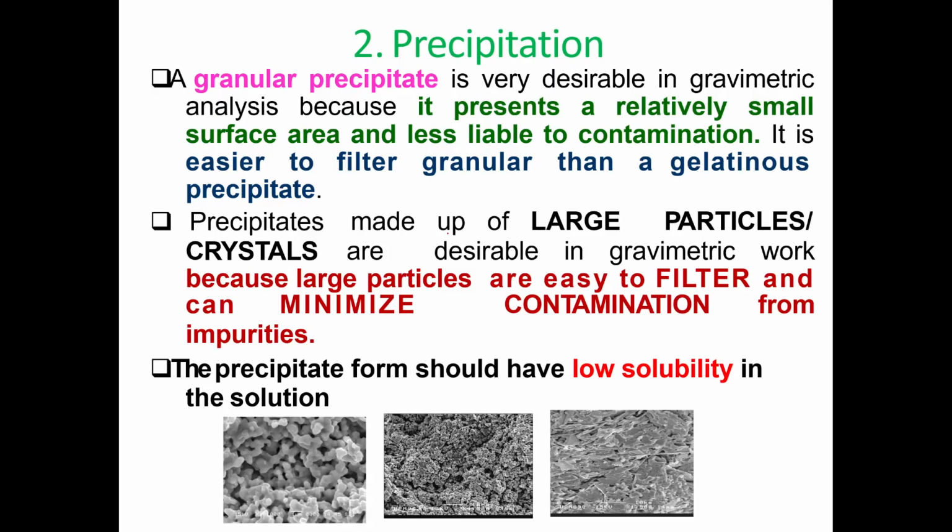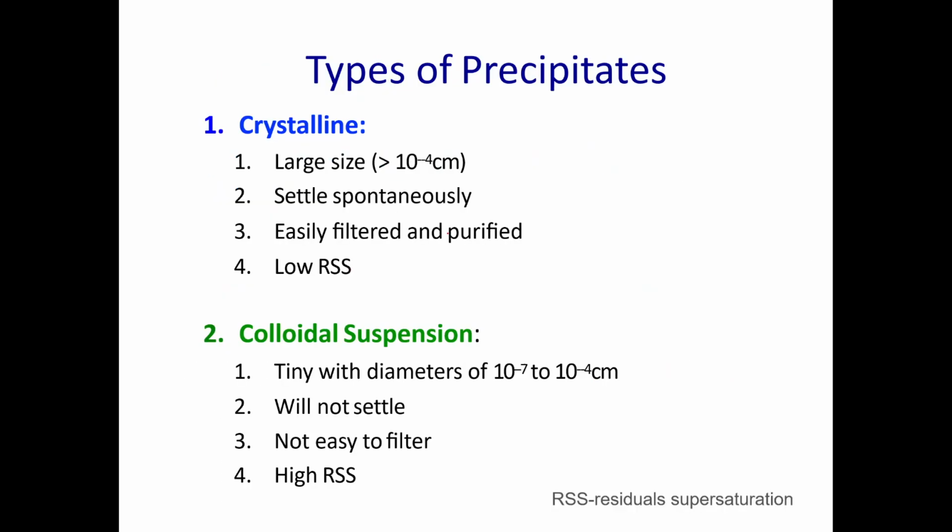A precipitate made up of large particles or crystals is desirable for gravimetric work because large particles are easy to filter and can minimize contamination from impurities. The precipitate should also have low solubility in the solution. There are two types of precipitate, which are crystalline and colloidal suspension, or colloid.